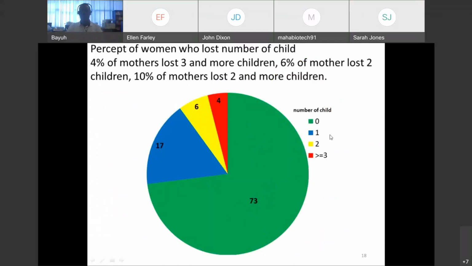The blue color indicates 17% of mothers lost only one child, and the yellow color indicates 6% of Sub-Saharan Africa mothers lost two children, and 4% lost three or more: 3, 4, 5, 6, and so on. In general, 10% of mothers lost two or more children.